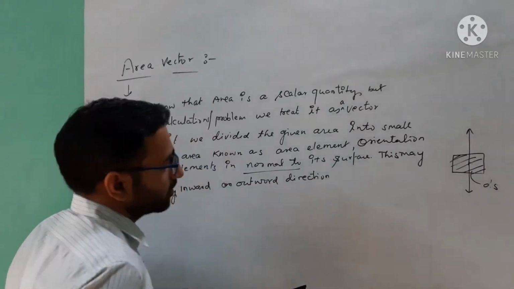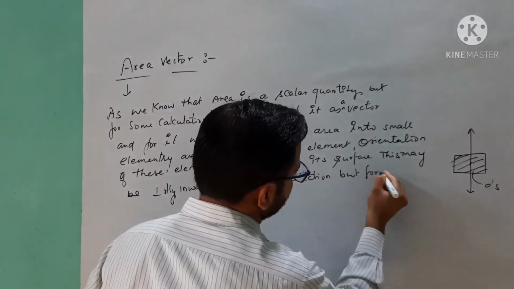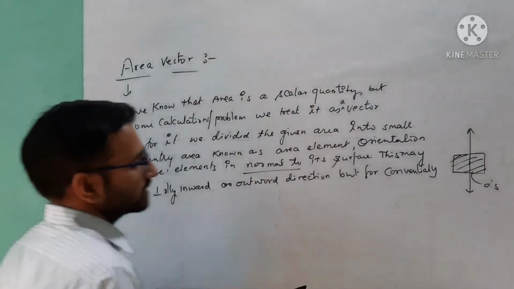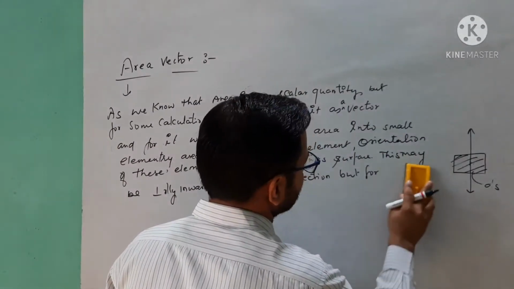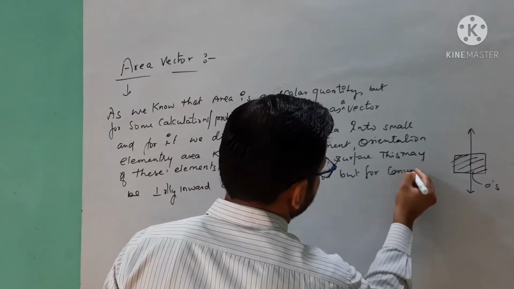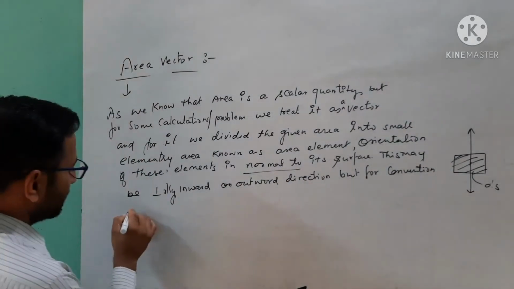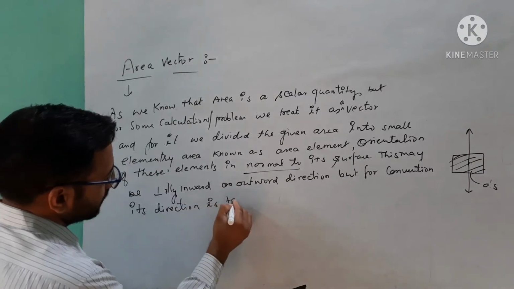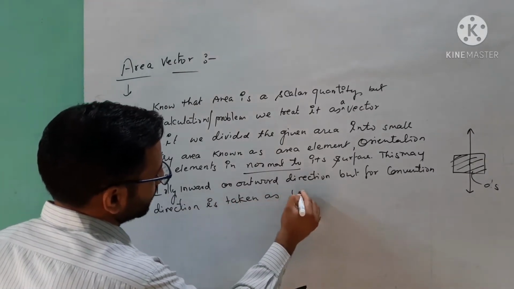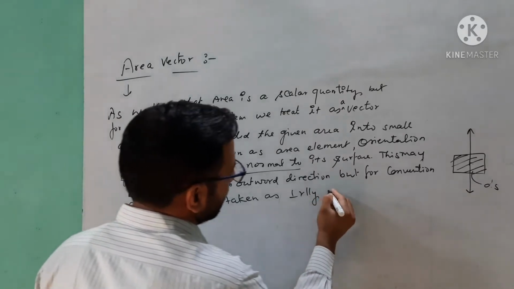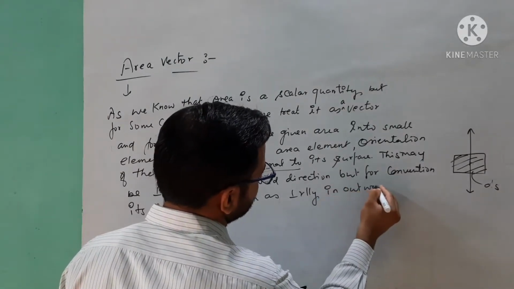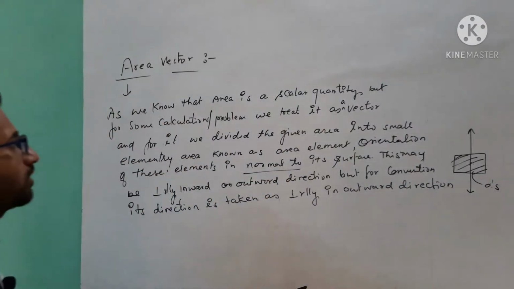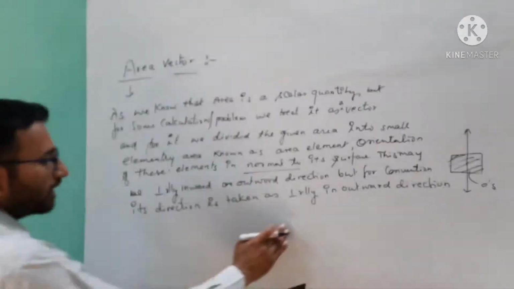It depends, but by convention, its direction is taken as perpendicularly in the outward direction. Got it? So this direction is the direction of the area vector.